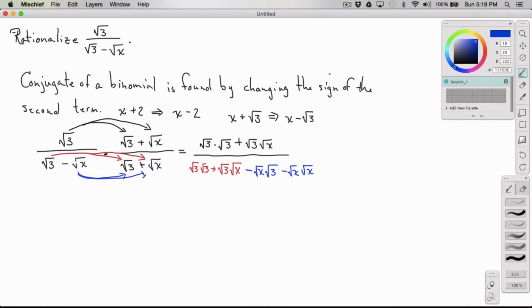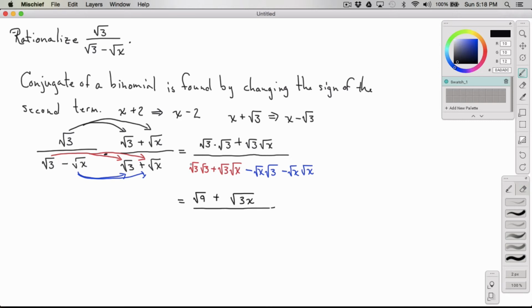Now we can simplify what we have. In the numerator, I have the square root of 3 times the square root of 3. That's going to give me the square root of 9, plus the square root of 3 times the square root of x, which is going to give me the square root of 3x.